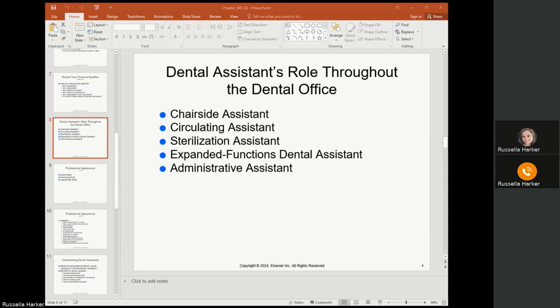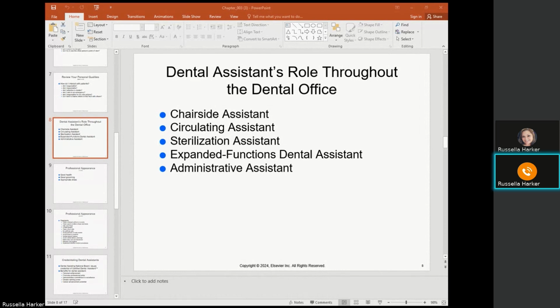They can bring real value to the dental team by taking on additional tasks and performing direct patient care under the supervision of the dentist. So the functions delegated to the EFDA vary according to the Dental Practice Act in each state or province. You have to make sure that you're practicing within your scope.